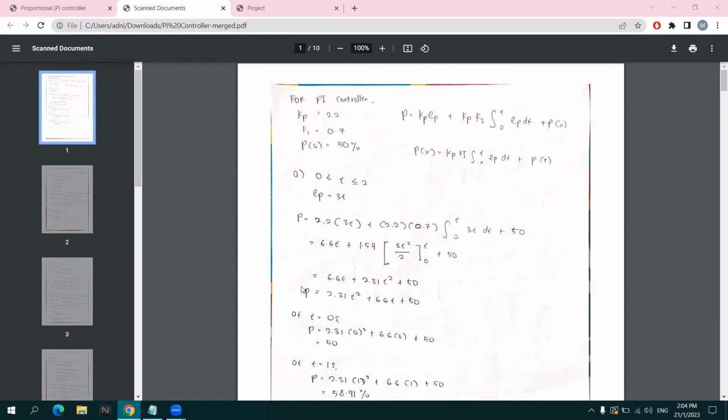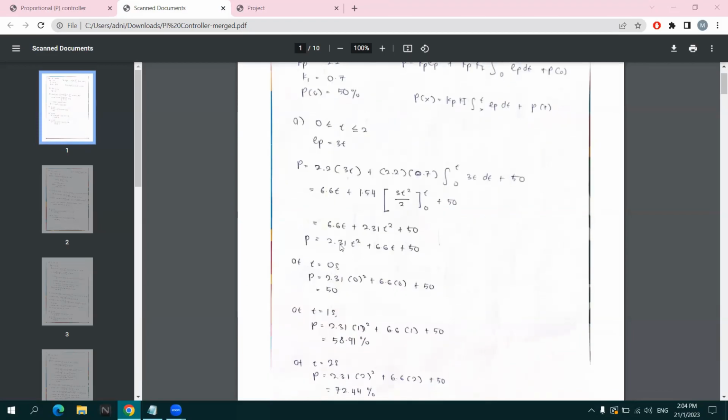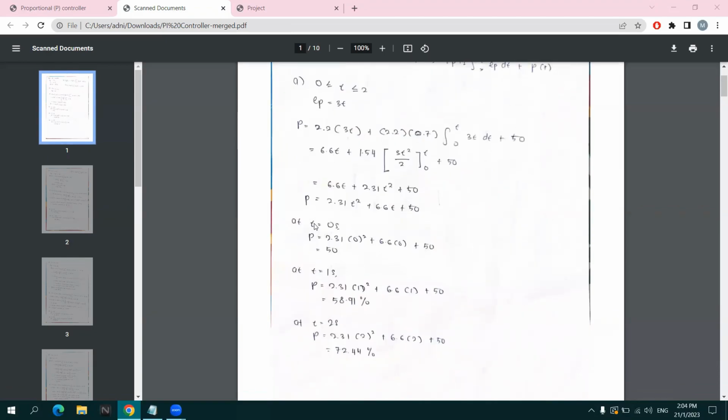To get the value for P, we use this formula, which is P equals KP EP plus KP KI integral of EP dt plus P out. So we get the equation for P, and then by time equals some value, we just substitute T into the equation and then we get the value for P out.